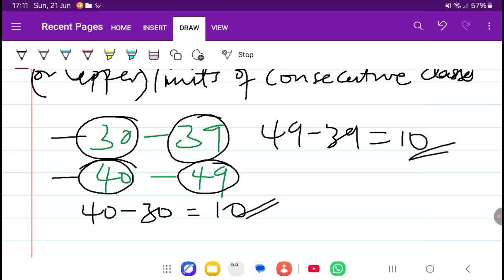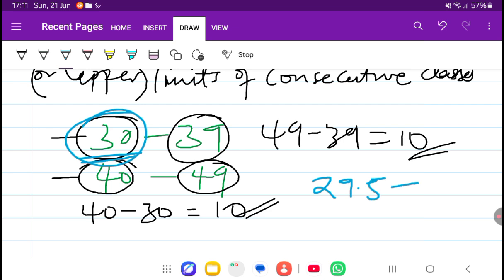The other option, they told us we can use class boundaries. And the class boundaries, we say they are not the same as class limits. These are the class limits. Now, class boundaries, we said we just get the lower class limit, we take off 0.5. So it is 30 minus 0.5. It gives you a 29.5.